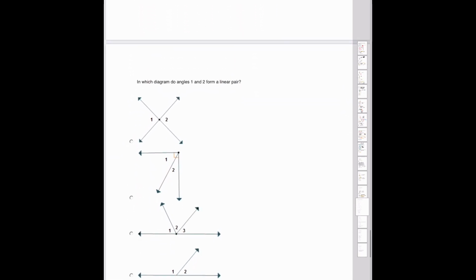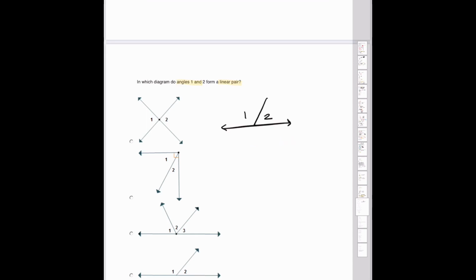Let's look at the next question. Now we're going to get into linear pairs and vertical angles. In which diagram do angle 1 and angle 2 form a linear pair? Well, we know that linear pairs are two adjacent angles that share a line, and each of those angles contains opposite rays which face opposite directions, and that's what is known as a linear pair.